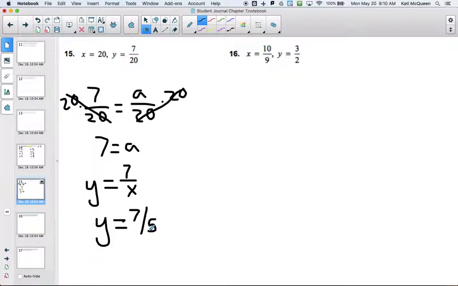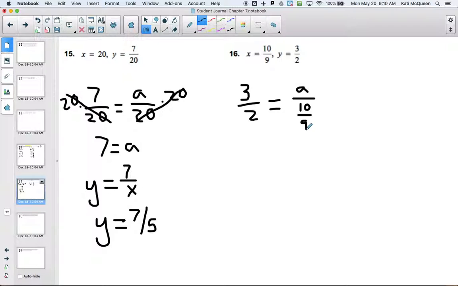All right, last one we're going to try like this before we get to some word problems. So same setup. Again, if you feel like you've got the hang of this, it would be great to try one on your own and come back and see how you did. Okay, so y equals a over x, or 3 over 2 equals a over 10 ninths.